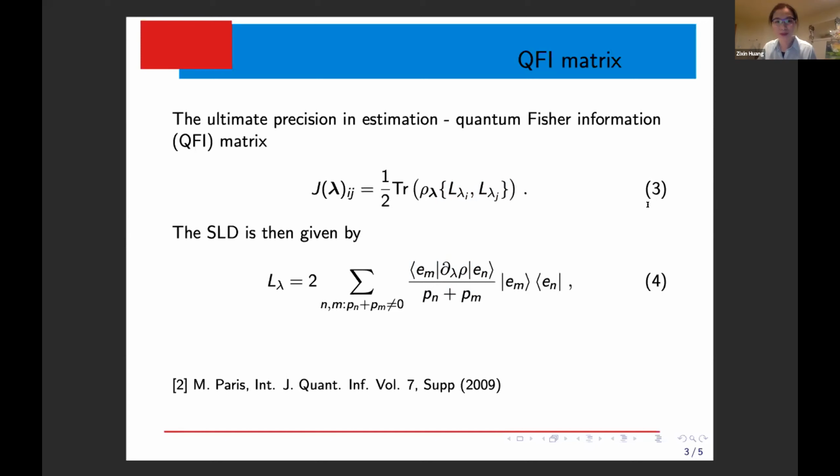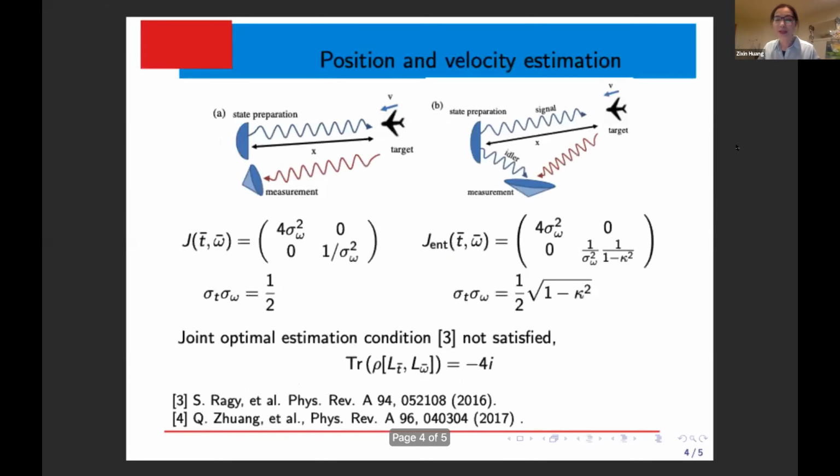Okay, and we calculate the quantum Fisher information matrix. For the parameters time and central frequency, they look like this. So this is 4 times the bandwidth squared and 1 over the bandwidth squared. Now for a Gaussian pulse shape, the product achieves its minimum, a half.